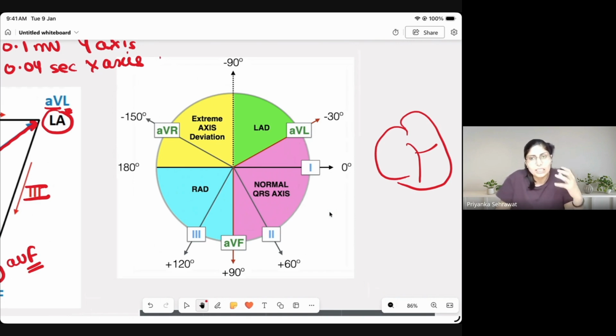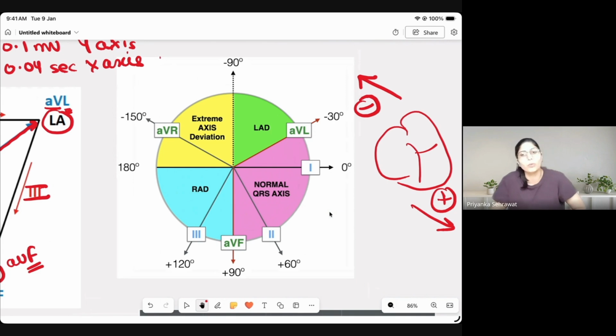So basically just remember that the left and downward axis is always positive. So the net charge that we get from the whole electrical activity in the heart is positive on the left and downward side and it's negative on the right and upward side. हार्ट के राइट और अपवर्ड नेगेटिव नेट चार्ज होता है और लेफ्ट और डाउनवर्ड में पॉजिटिव नेट चार्ज होता है.